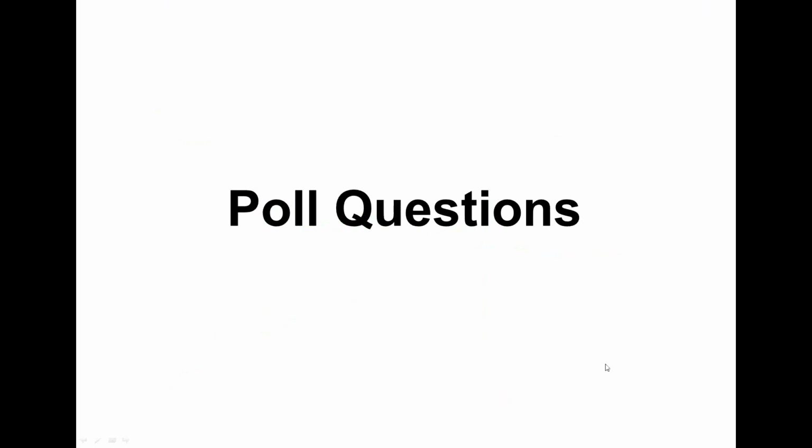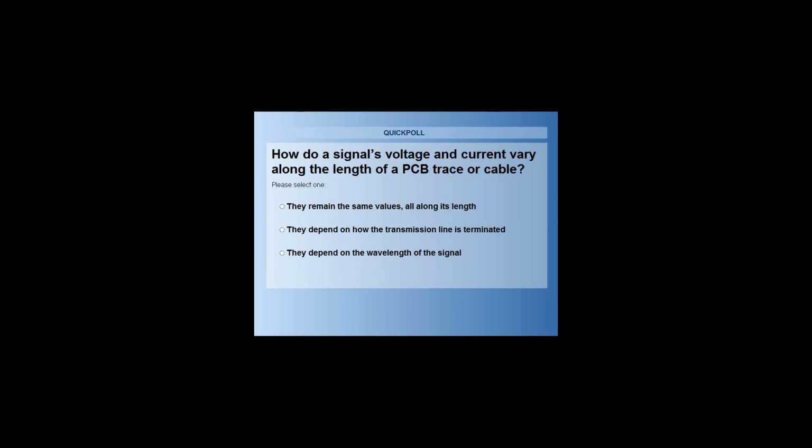Okay, it's time for some poll questions to see if you're awake out there. Thanks, Keith. Attendees, we'd like to ask you a poll question. Please answer the following question. How do a signal's voltage and current vary along the length of a PCB trace or cable? They remain the same values all along its length; they depend on how the transmission line is terminated; or they depend on the wavelength of the signal.